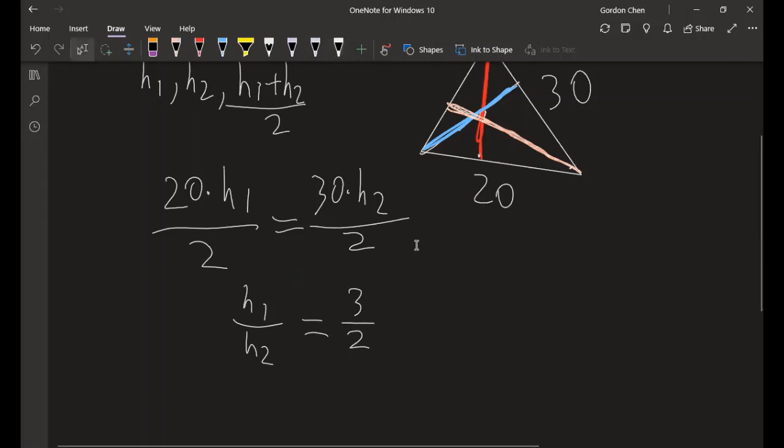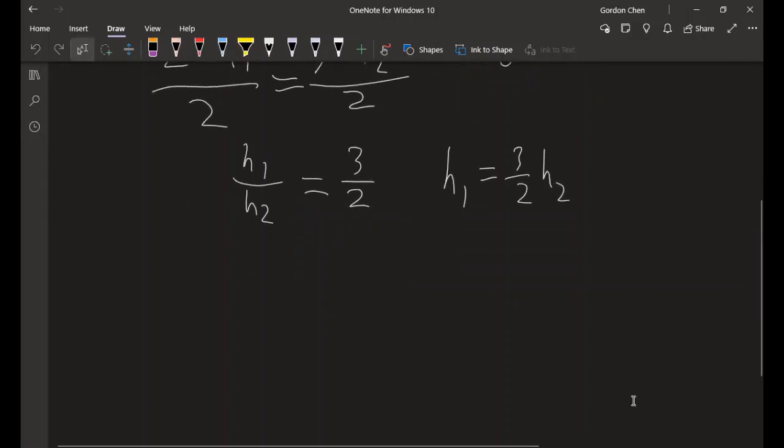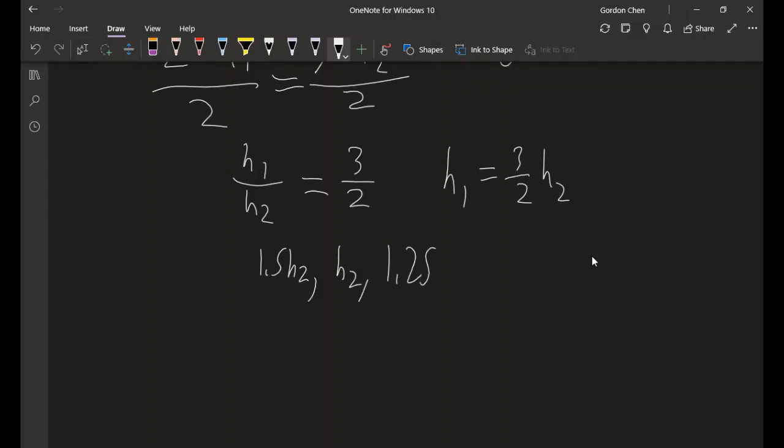So h1 equals 3 over 2 h2. And so the three altitude lengths are 1.5 h2, h2, and 1.25 h2.